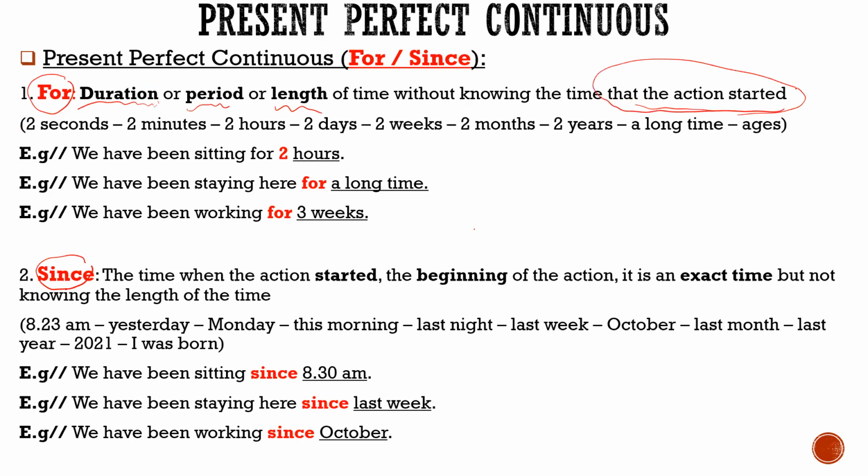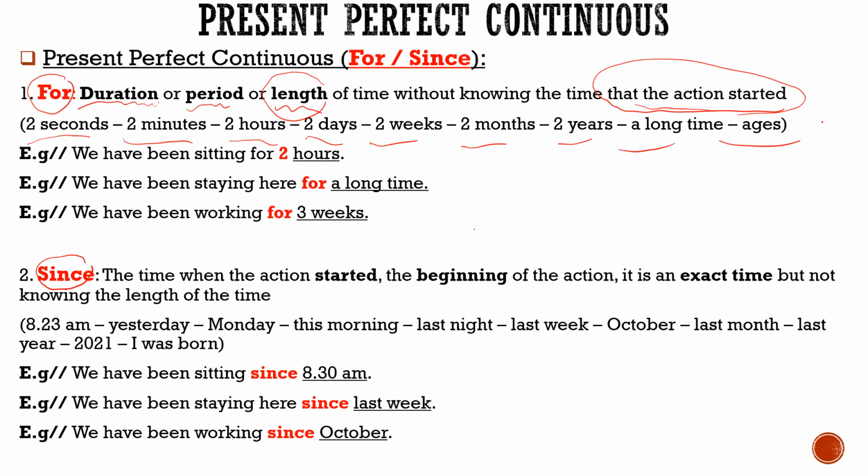Okay, only the length. How long? 2 hours. So we use things like for 2 seconds, for 2 minutes, for 2 hours, for 2 days, for 2 weeks, for 2 months, for 2 years, for a long time, for ages. I don't know when I started, but I know how long it happened.